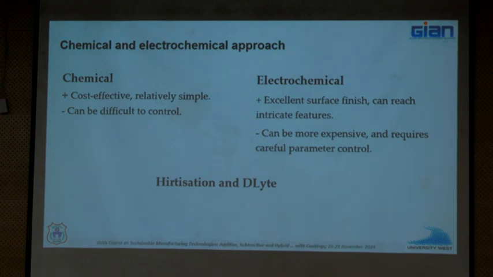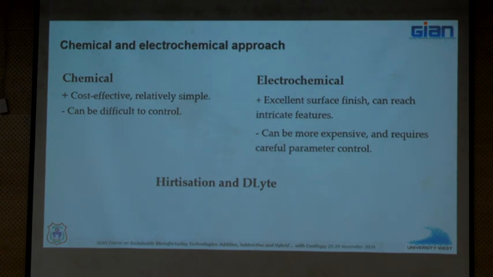A little bit about chemical and electrochemical polishing. Chemical polishing is very cost effective, relatively simple. It's just like etching. If you are familiar with etching, it's just like that. Electrochemical can give a finish which is even better than the chemical approach.